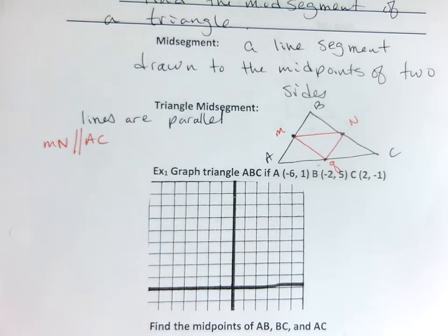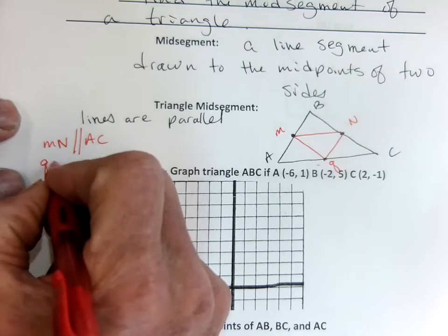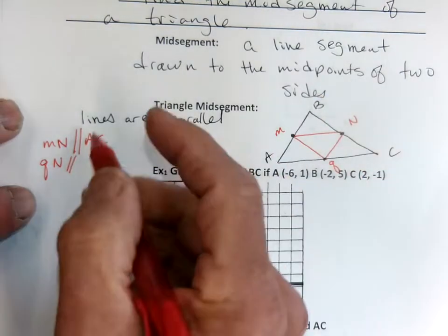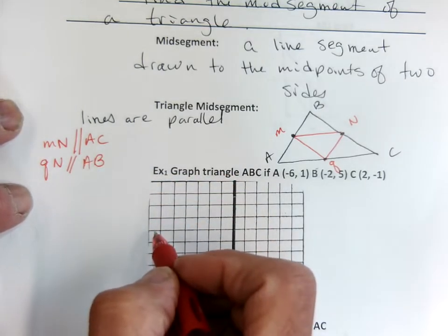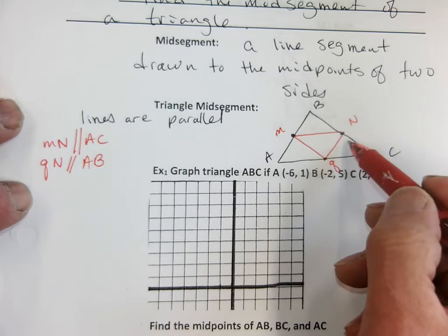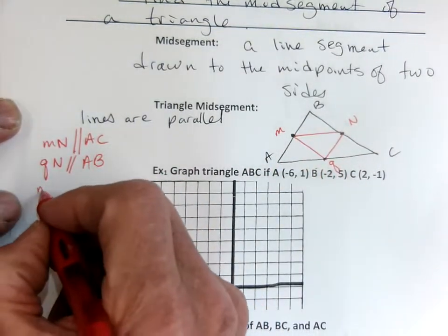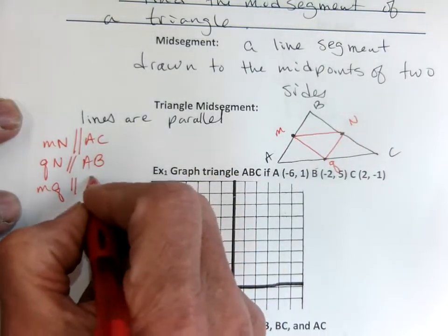So they're just parallel, that's easy, same slope, parallel lines. I can say that QN is parallel to AB, and I can say that MQ is parallel to BC.